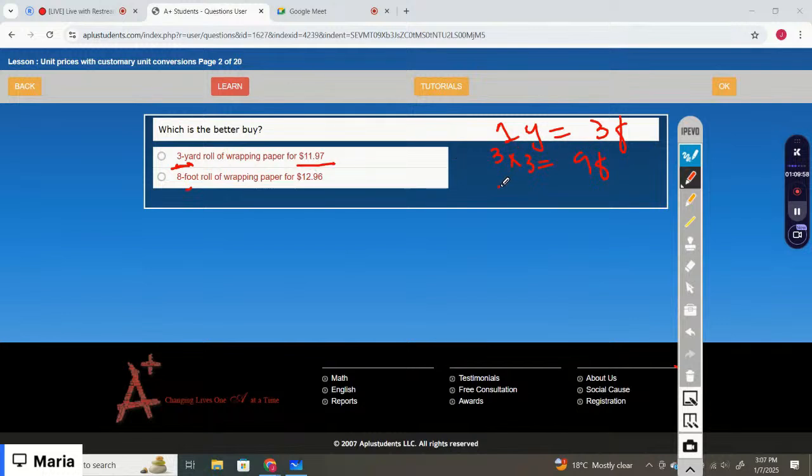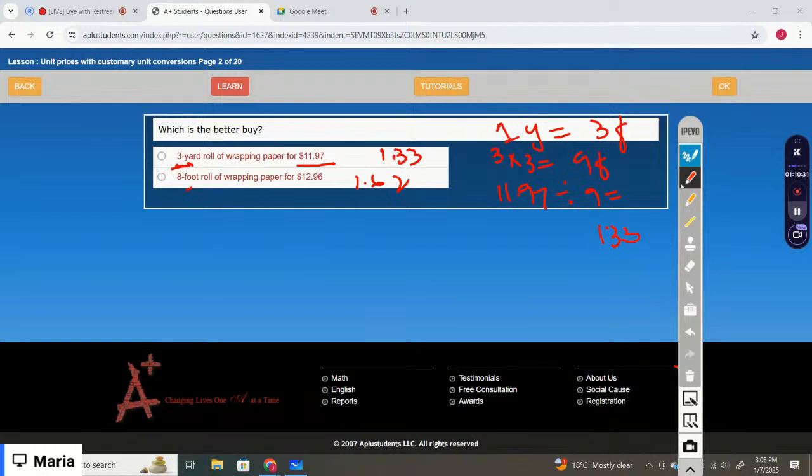So 11.97 divided by 9 is 1.33. So the cost of this is 1.33 per foot. Now the 8 feet you have is already in feet, right? So 12.96 divided by 8 is 1.62.